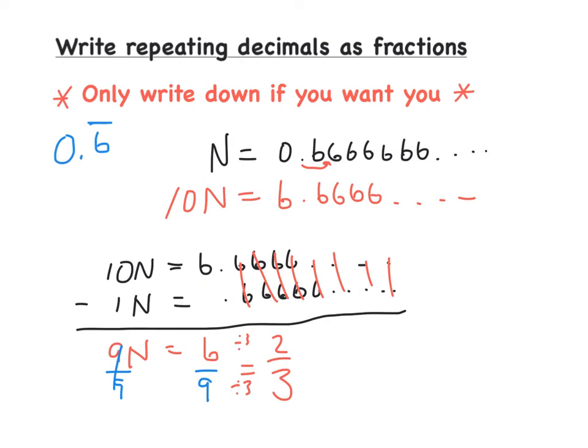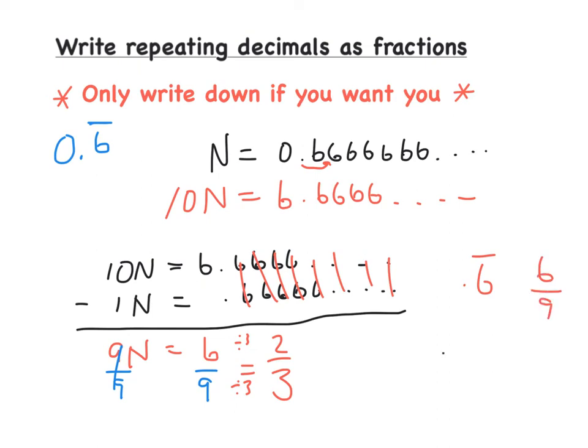So the thing is, this is the important part, you need to write this down. If we have a decimal that repeats, it is always over 9 or 99. So if we have 0.6 repeating, it would be 6 over 9.